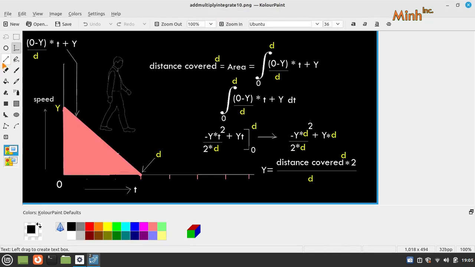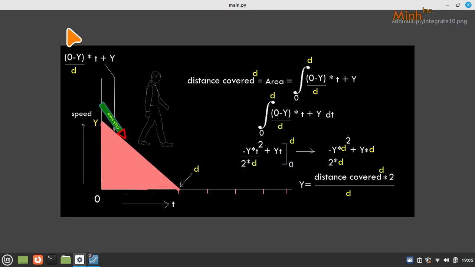It should be pretty clear. Now this is a line, and it talks about speed in the sense that at any moment, how much distance he is collecting, the way we discussed earlier.